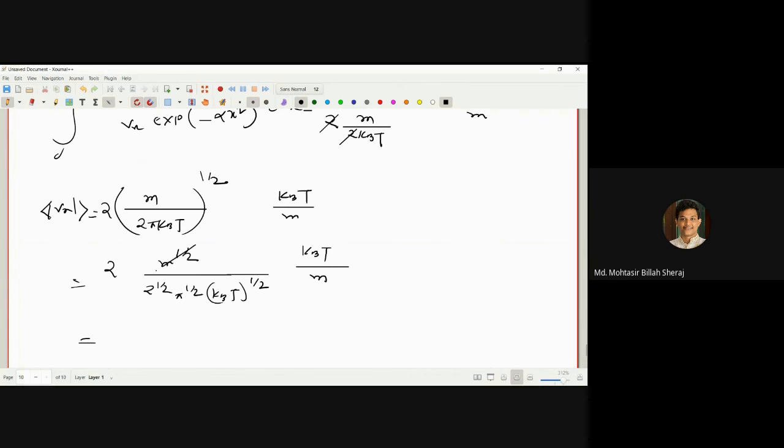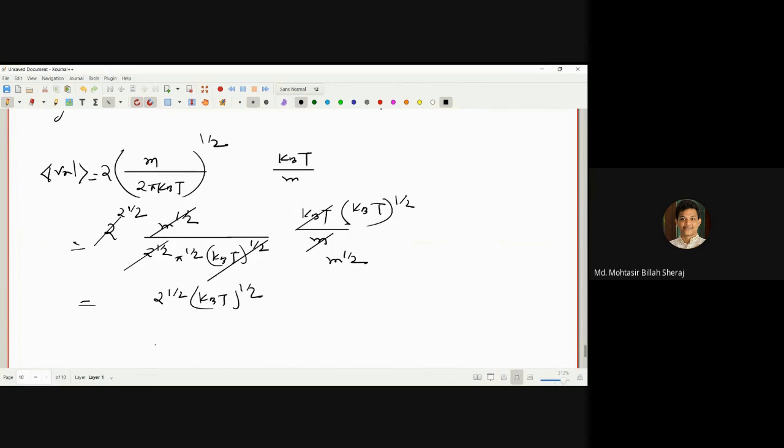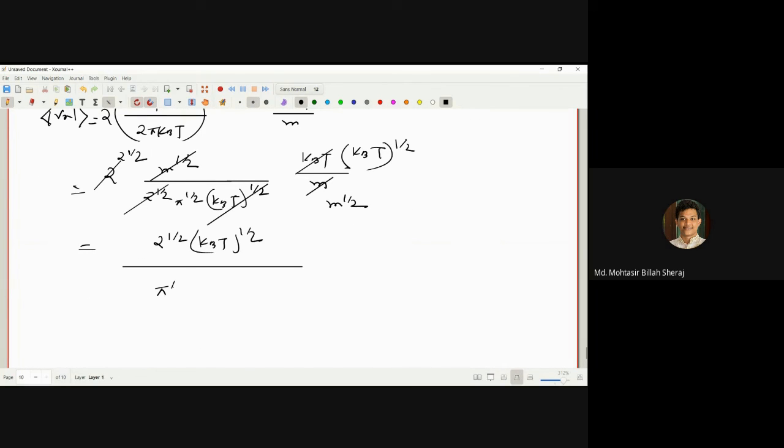So m to the power half comes here, kbt to the power half comes here, 2 to the power half comes here, and pi. So we get 2 to the power half kbt to the power half divided by pi to the power half m to the power half, which equals 2 kbt by pi m whole to the power half.